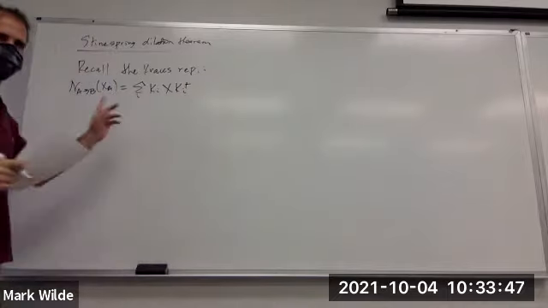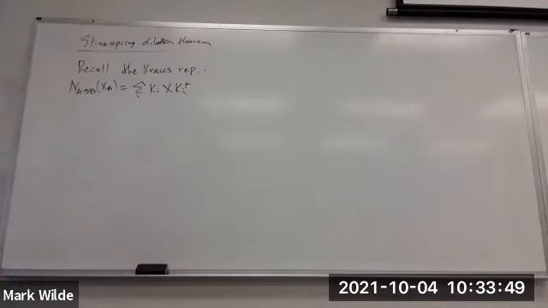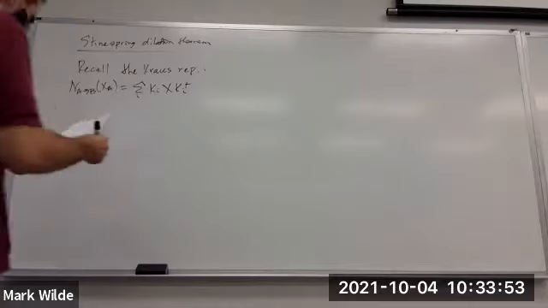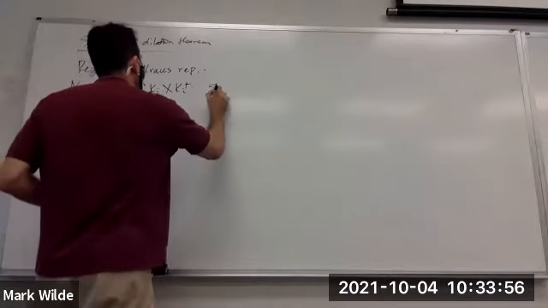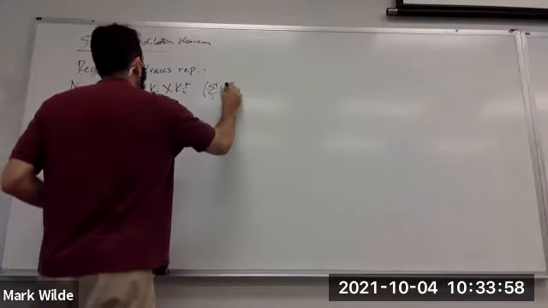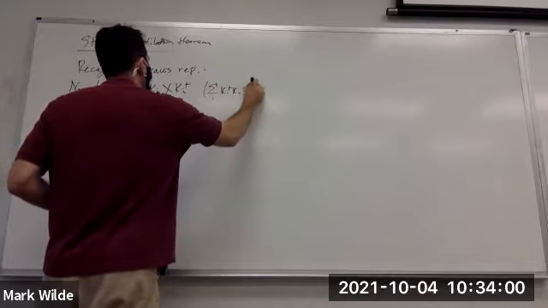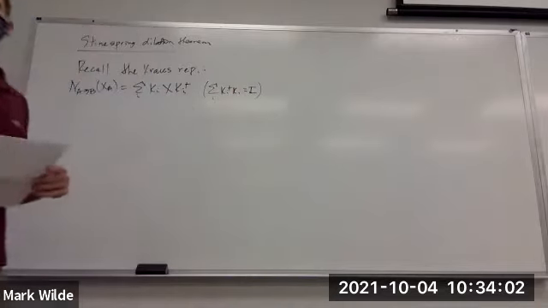The fact that the K_i's match on each side corresponds to the map being completely positive. We already talked about that. And then there's the condition that the sum of the squares is the identity. And that corresponds to it being trace preserving.